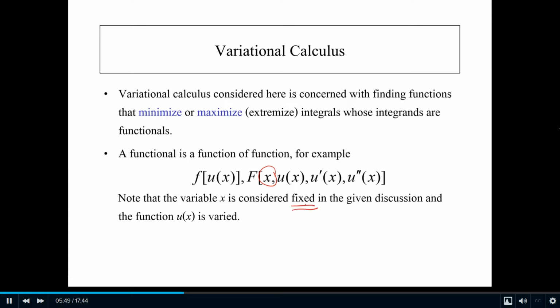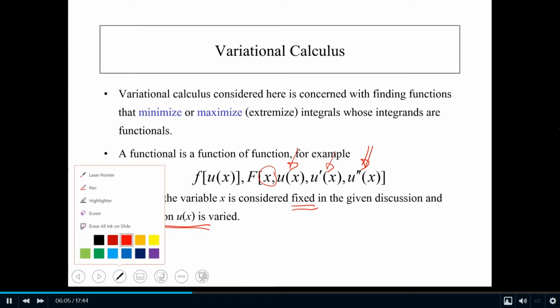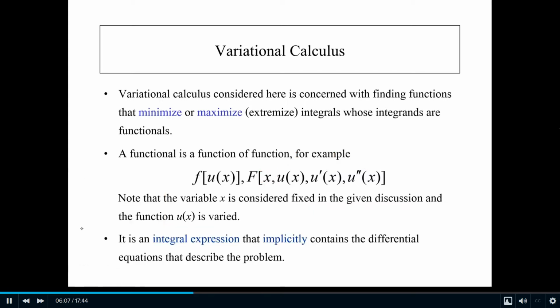We do not vary x, we vary u(x) or u prime(x) or u double prime(x) to make the integral minimum. Normally it is the function that is varying, and in the case that we consider here, the integral will explicitly or implicitly contain the differential equations for our problems.